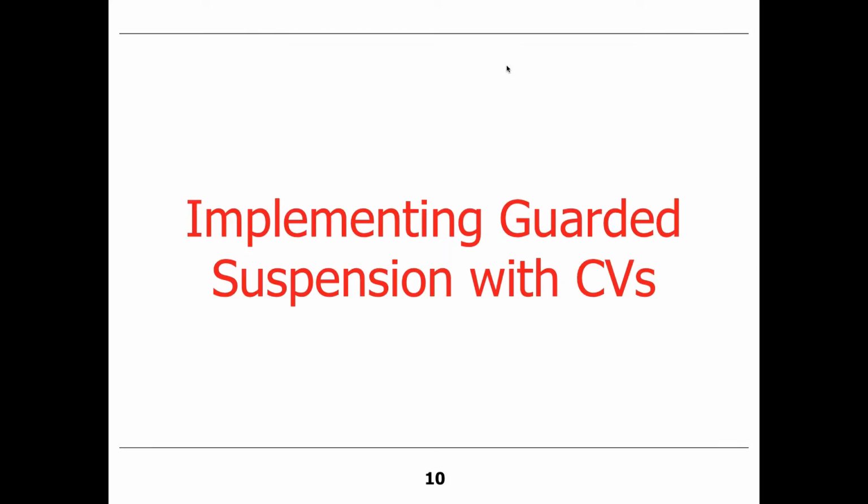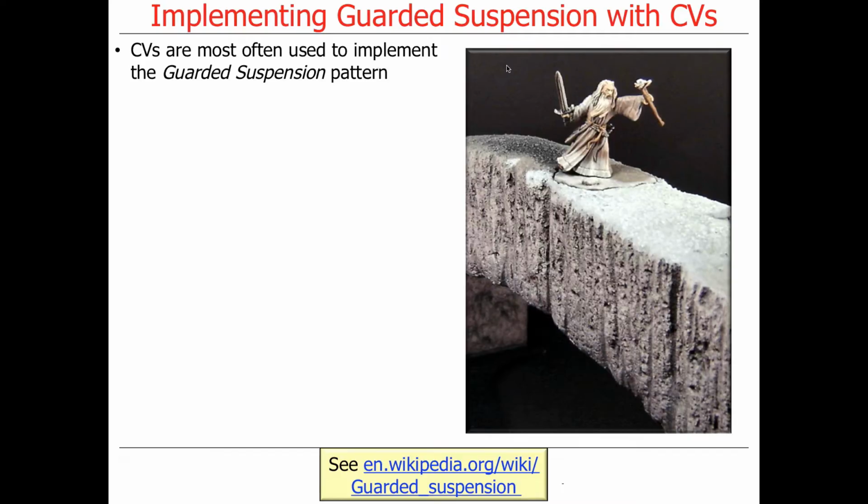Let's talk about the pattern that condition variables typically implement. This is called the guarded suspension pattern. I was trying to come up with some visual metaphor to think about guarded suspension, so I decided Gandalf suspended on the bridge was my metaphor. Not really a very good metaphor, actually, but it was the best I could do.